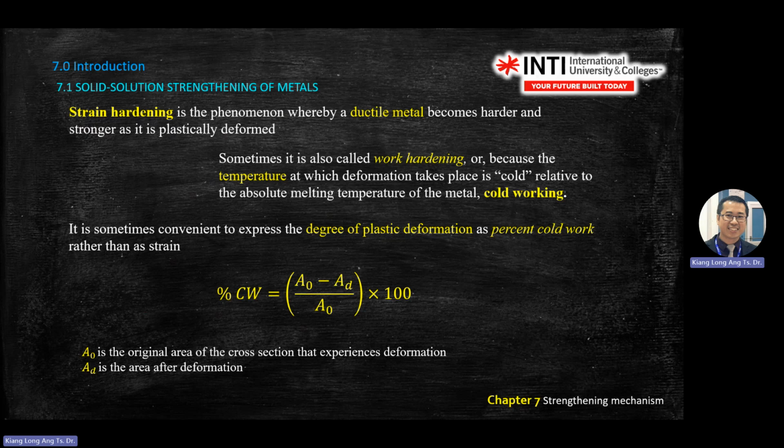You focus on the original area. Then on the top here is the change of area. So percentage of cold work equals delta A over the original area, multiplied by 100.